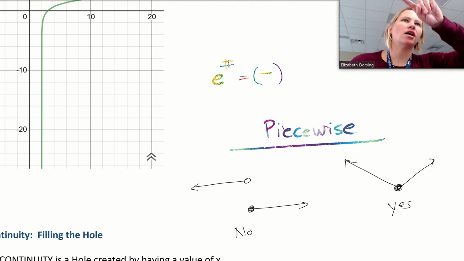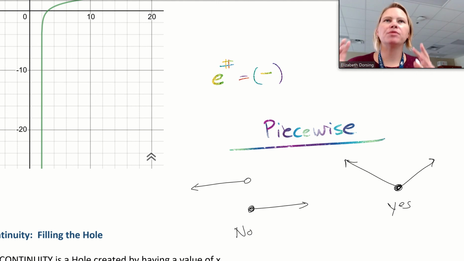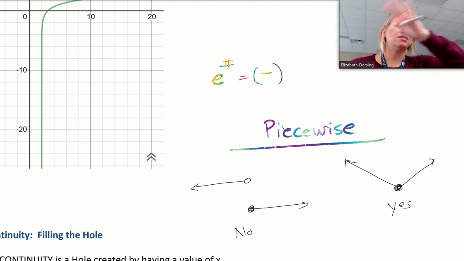Again, it has to do with, as you're dragging your pencil, do you have to jump? So you can have a continuous function that is continuous everywhere on its domain, but still have some discontinuity in there. So while we think about functions as, oh, when you lift your pencil, you know, if you have a vertical asymptote, the overall function, the big picture is that it's a nice, smooth, continuous curve.